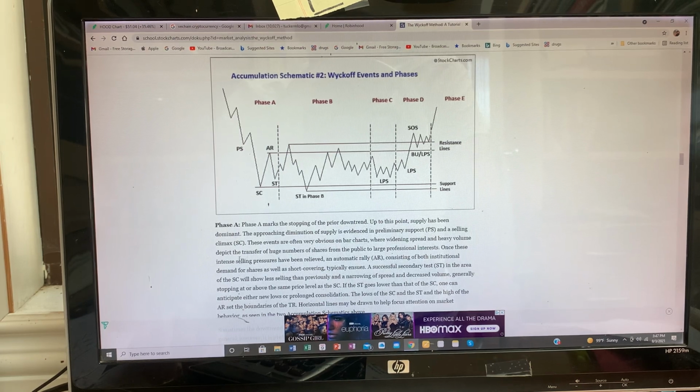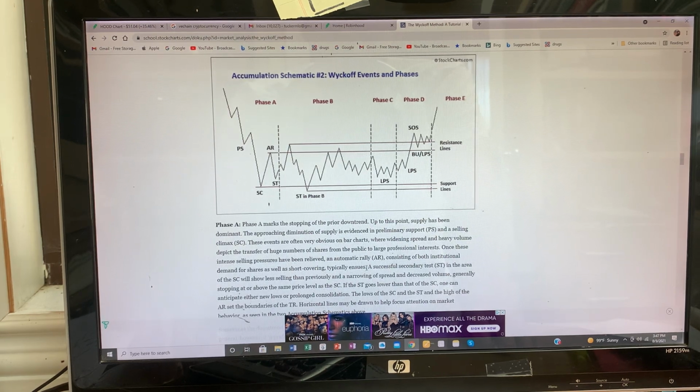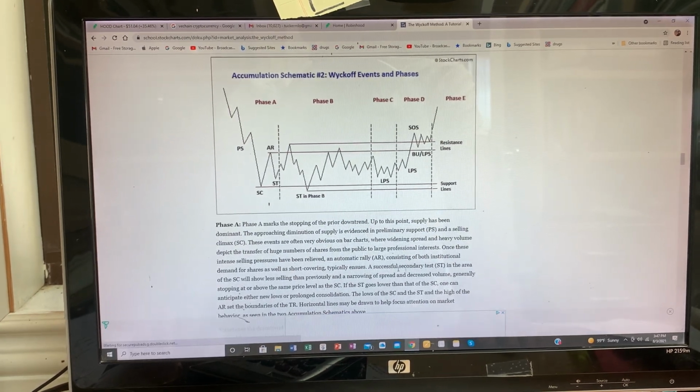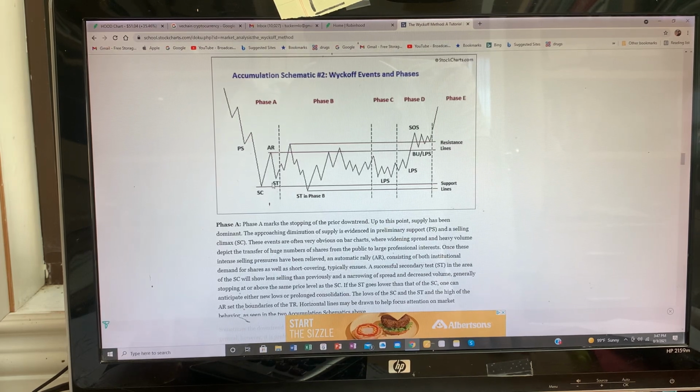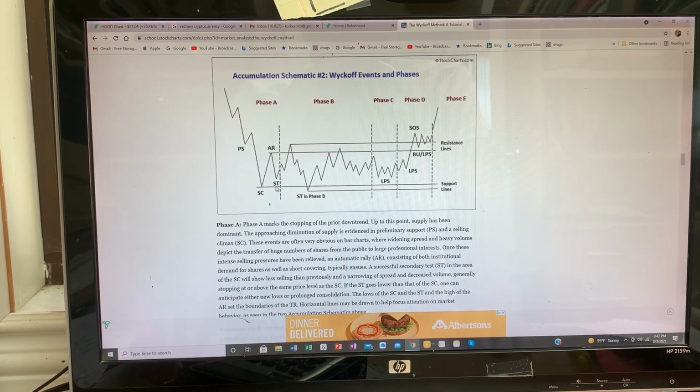Once these intense selling pressures have been relieved, an automatic rally consists of both institutional demand for shares as well as short covering. Typically a successful secondary test, ST, ensues, which is right here, in the area of the SC.